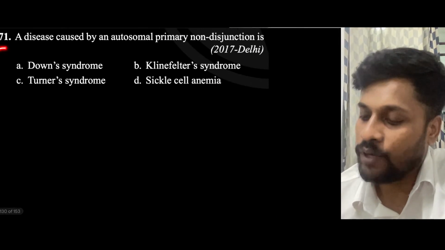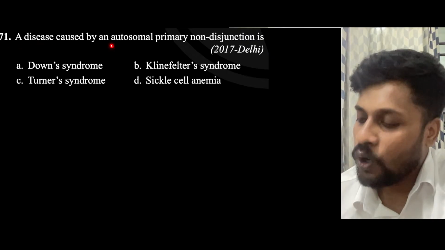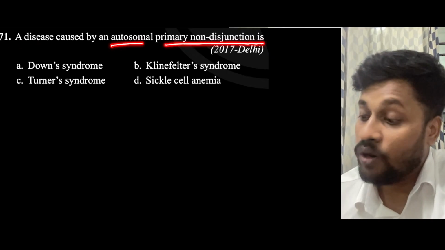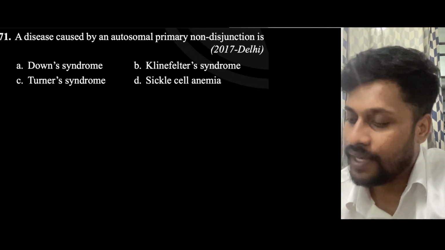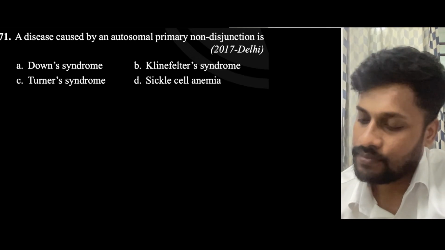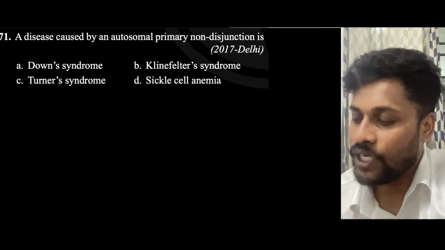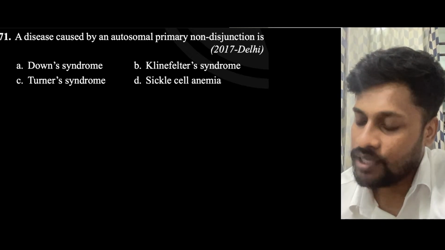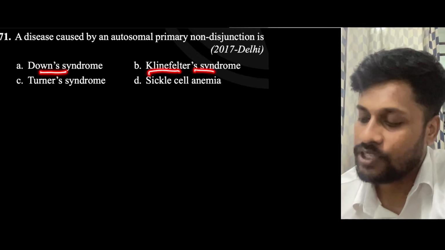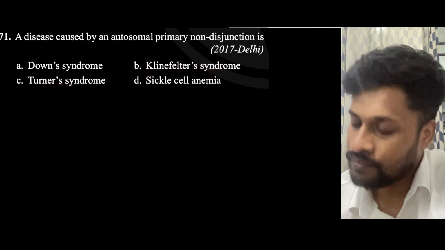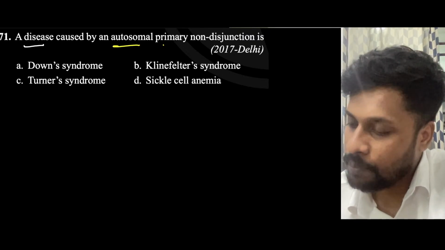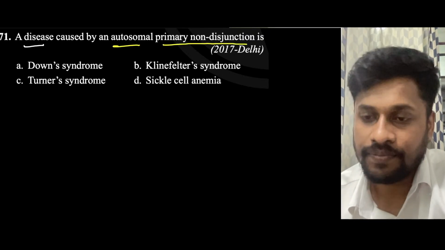Now, 71. A disease caused by autosomal primary non-disjunction is. Guys, what will be the answer here? I want to know what is your answer. Options: Down syndrome, Klinefelter syndrome, Turner syndrome, sickle cell anemia. Disease due to autosomal primary non-disjunction.